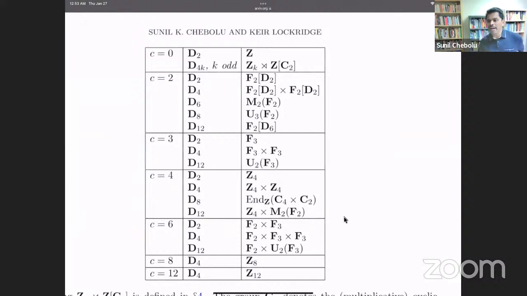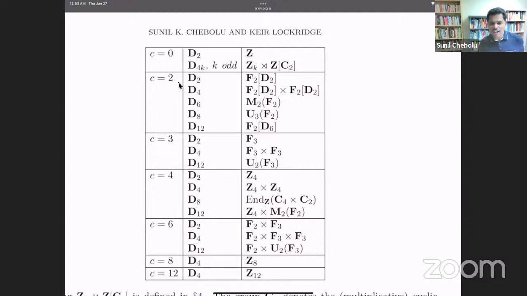If you have any dihedral group which is realizable as the group of units of a ring, the characteristic of the ring has to be 0, 2, 3, 4, 6, 8, or 12. And this is the only case where you pick infinite rings. In every other case, you pick finite rings.